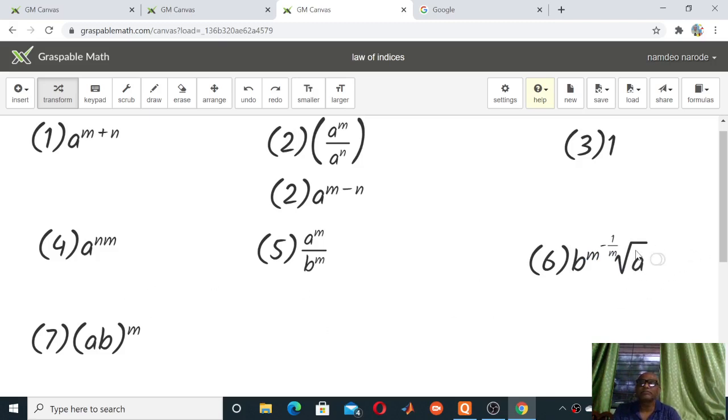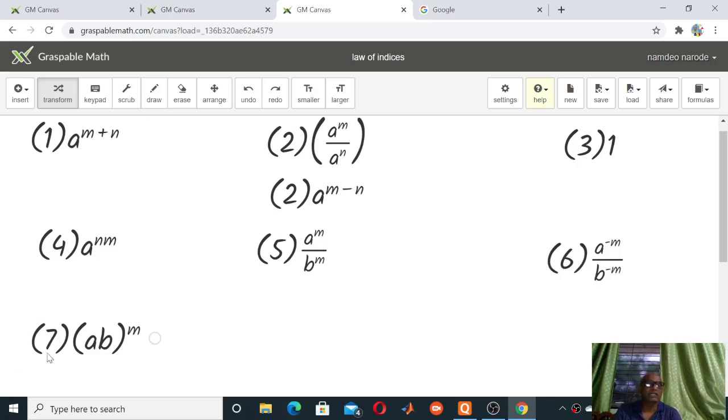Also see, we will see this rule afterward.